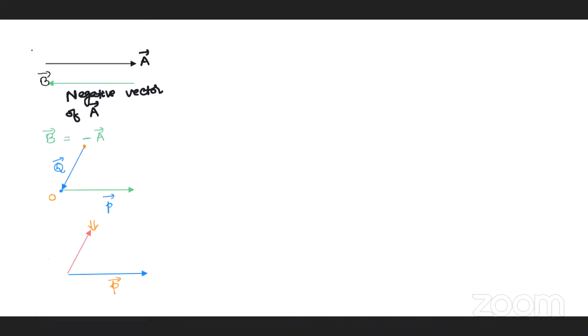I have to take it as negative Q bar. Actually, these two vectors are given in order.